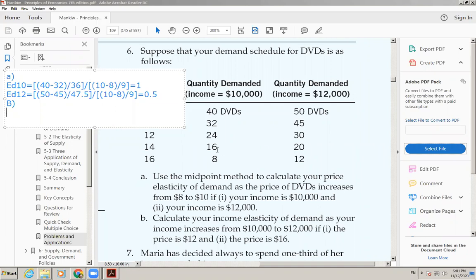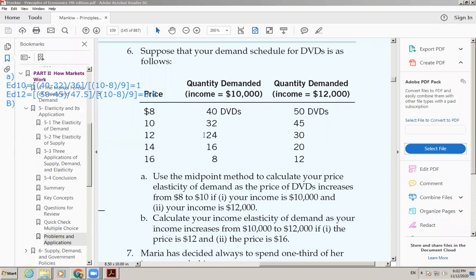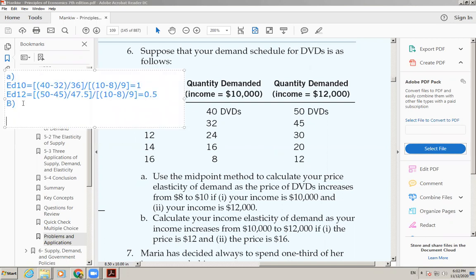If the price was 12, how much does the quantity change? Okay. Now, if the price is $12, the quantities are 24 units and 30 units. When you had an income of 10,000, once your income increased, the units that you consume become 30.